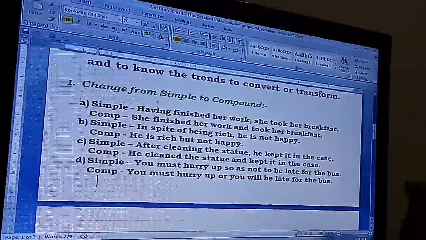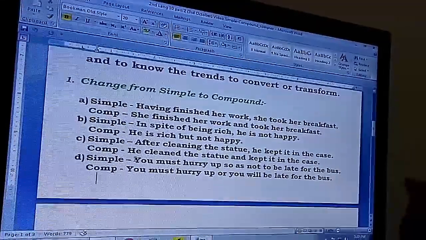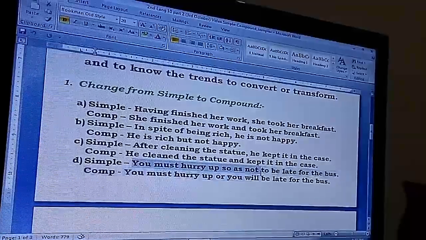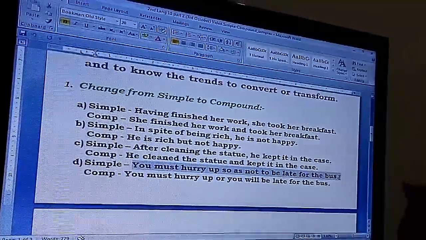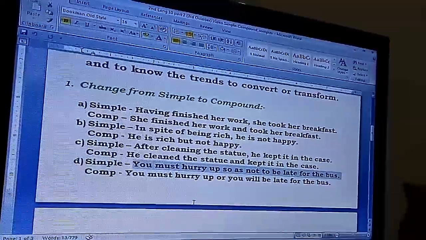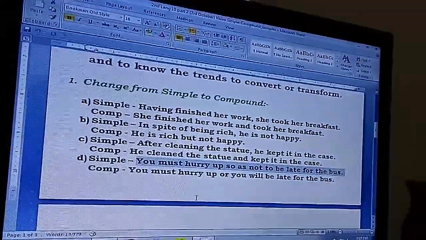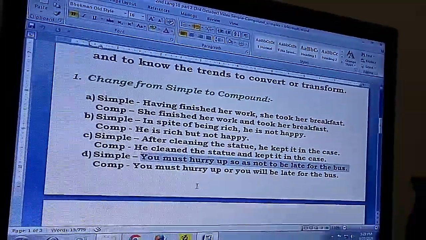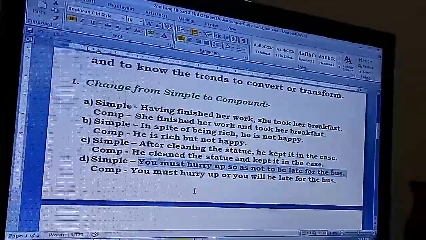The final example from simple to compound: you must hurry up so as not to be late for the bus. This is a typical simple sentence, and in our colloquial, conversational language we never use it, but this is how we are supposed to use it.